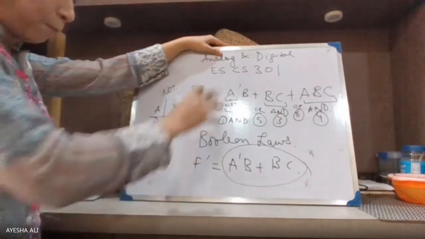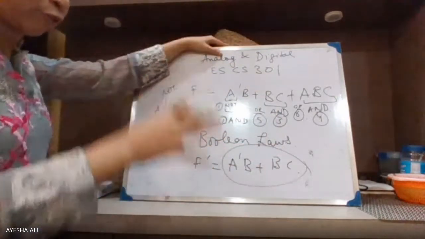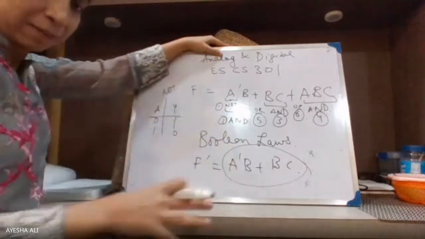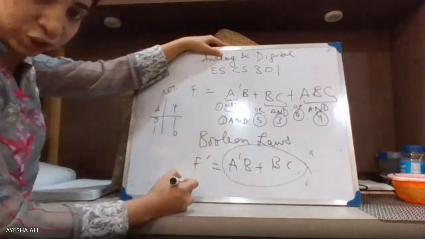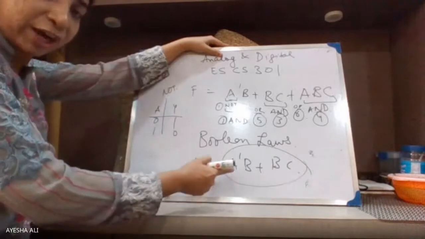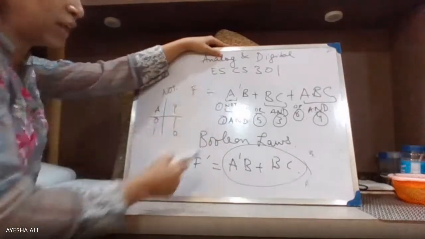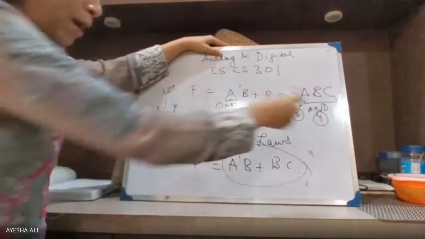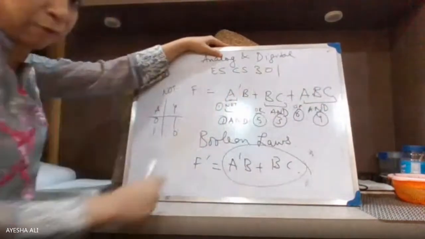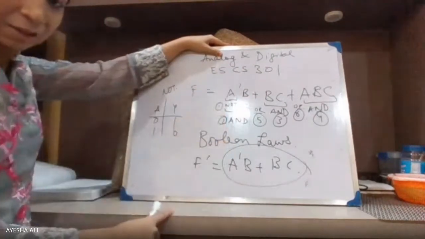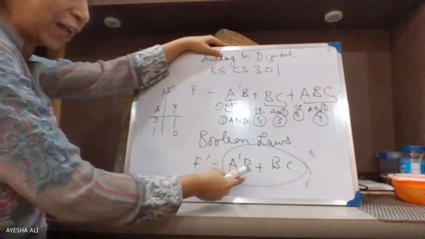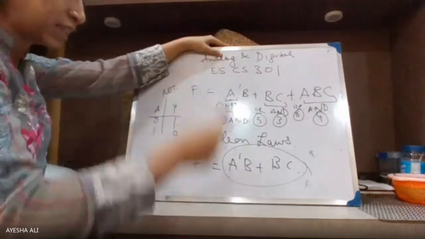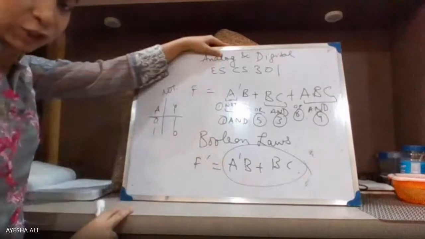Now, the Boolean laws have to follow a certain protocol: even after an expression is minimized, the minimized expression should have the same functionality as the original expression. Whatever work my original logical expression was performing, after minimizing, the expression I'm getting should also perform the same functionality.